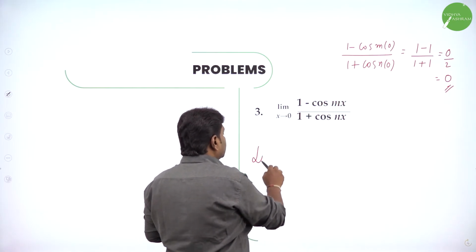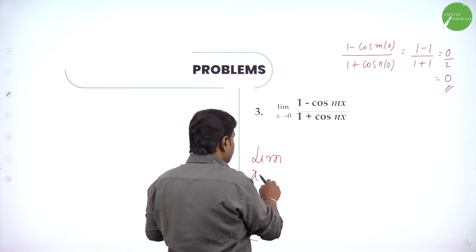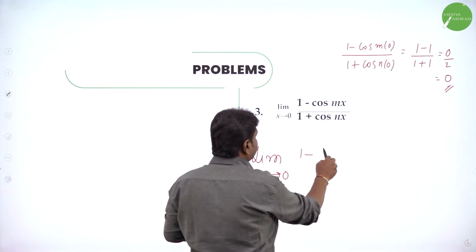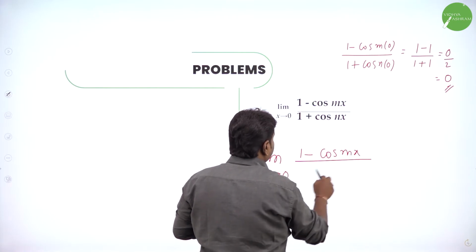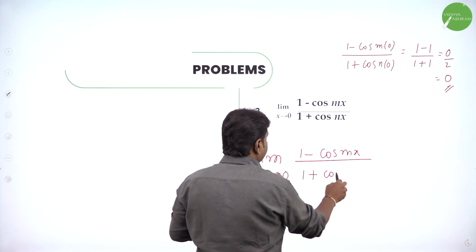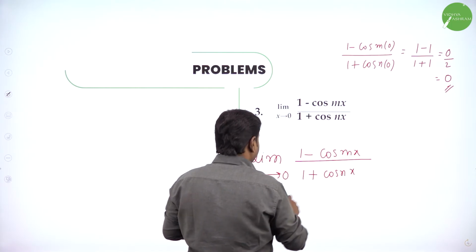So what we will do? Directly apply the limit. Limit x tending to 0 of 1 minus cos mx divided by 1 plus cos nx. In the place of x put 0.